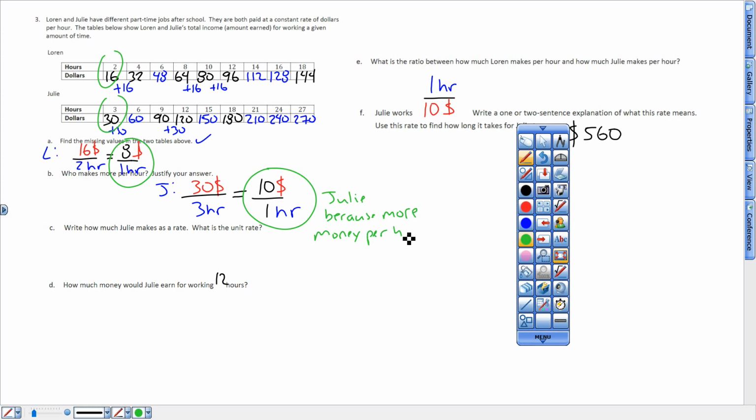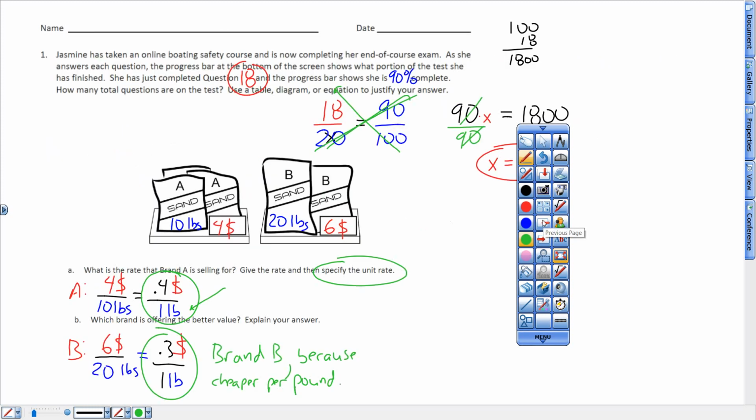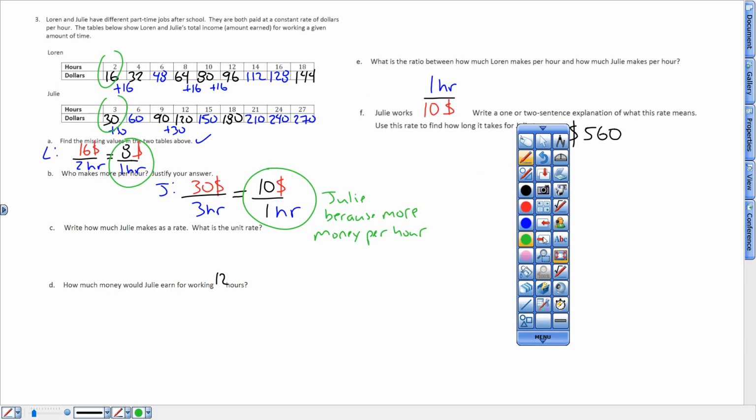So just remember that last one, they wanted the cheapest price, which has the better value, which is cheaper per pound, where this one, it wants who makes more money per hour. The higher one is good. Now it says unit rate, so you could just do this work again if you want.